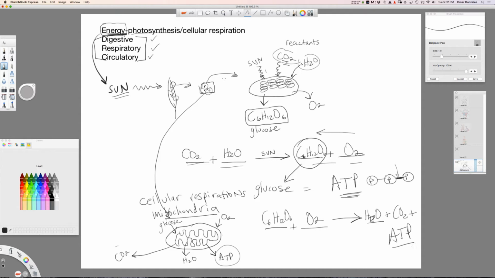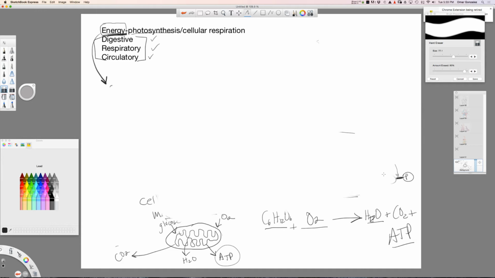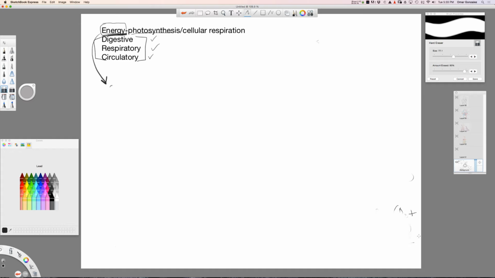Now, when we talked about ATP, remember we said that ATP is called ATP because it's made up of 3 phosphates. So ATP works in a little cycle like this.